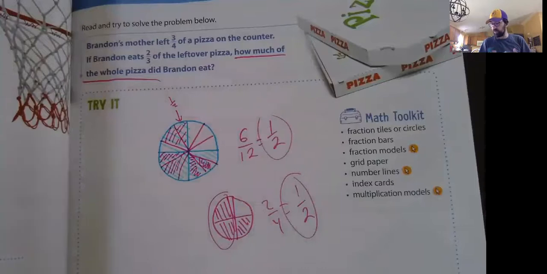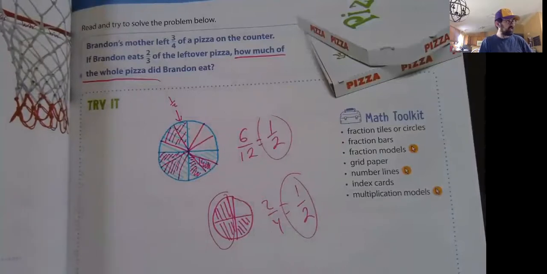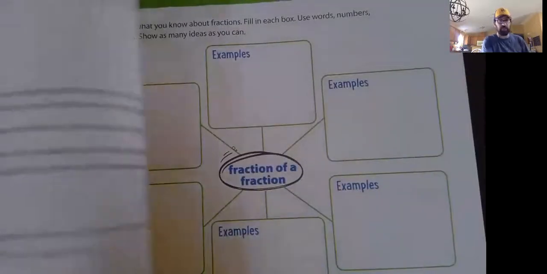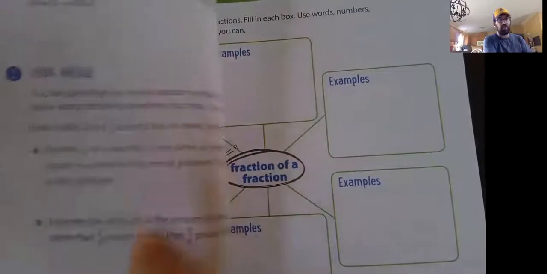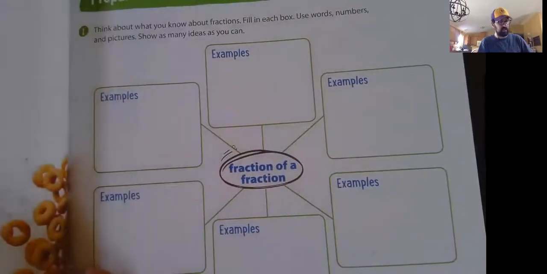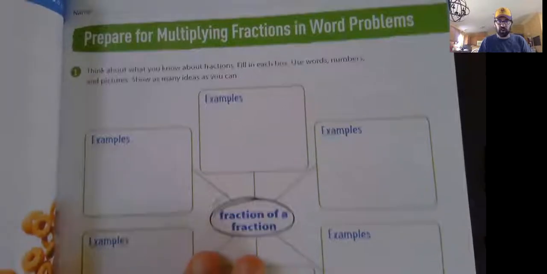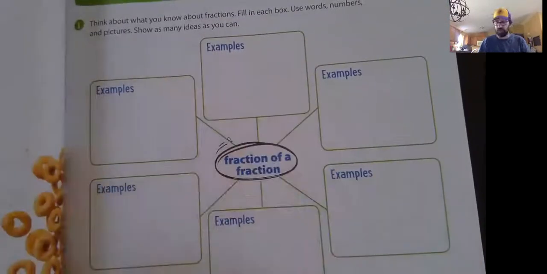So again, in your book, they do talk about other strategies and different ways to look at it. With these sections here, guys, don't hesitate to stop and look before you skip pages at some of the other information that talks about different things, if it's helpful. Fraction of a fraction has a bunch of different examples of fractions of a fraction.